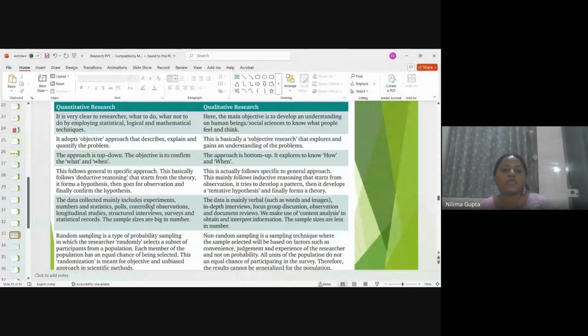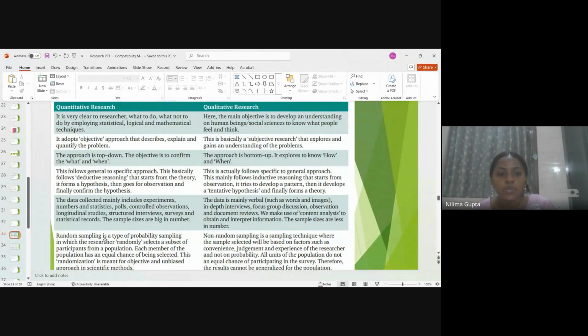So the data that has been collected here is experiments, numbers, statistics, polls, and controlled observation. And the data that is collected in qualitative is in-depth interview, focus discussions, observations, document reviews, and going into deep. The sample size again big, small, just doing a quick revision.